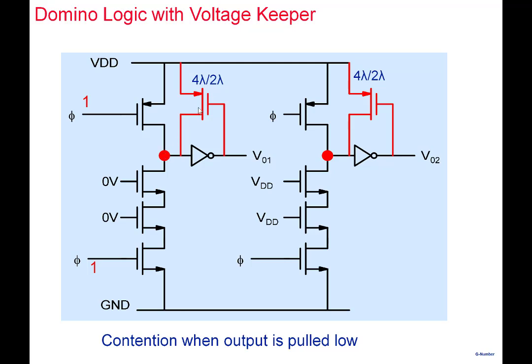So that's the purpose of this particular transistor. With that, this particular node is no longer floating, but a weak PMOS is added, which maintains it towards the normal value here.